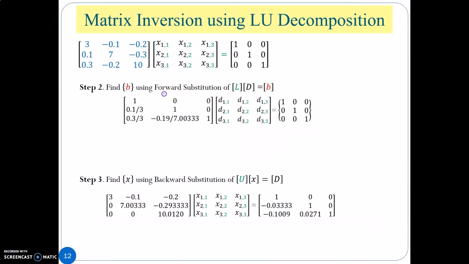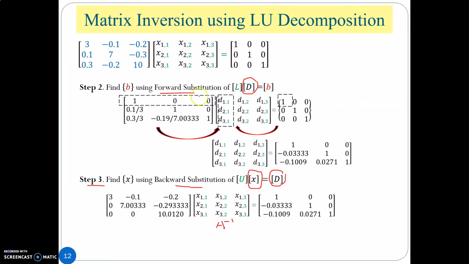In the second step, we perform the forward substitution to obtain the unknown D. And then we substitute inside this equation, and in step 3, we perform the backward substitution to obtain the unknown X, which is our inversion. In step 2, you perform the forward substitution by taking the first row multiplied with the column here equal to this answer.